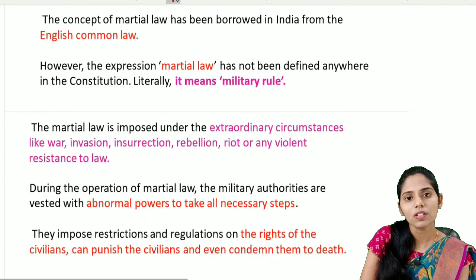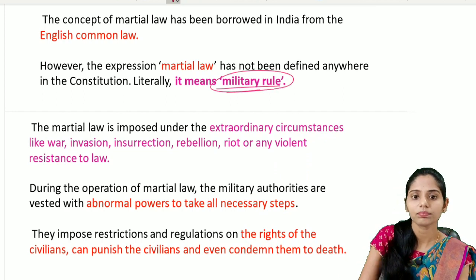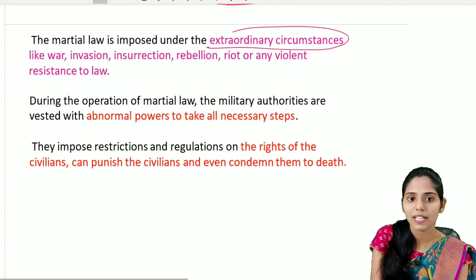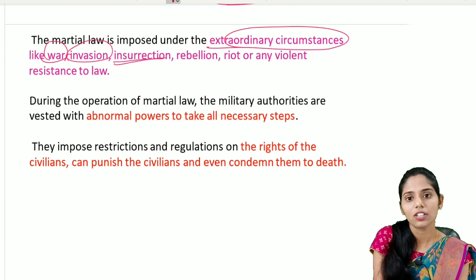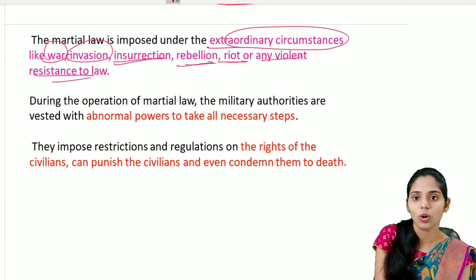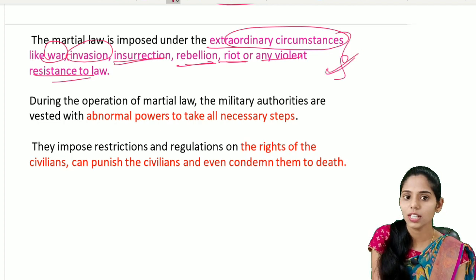Martial law means military rule in short. It is imposed under extraordinary circumstances, including war, invasion, insurrection, rebellion, riot or any breach of law.